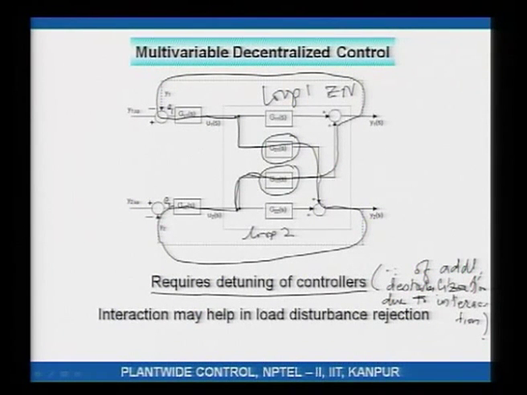So, what I was saying was that because of interaction you get additional destabilization, because interaction causes an additional feedback circuit in your process. Okay. And this additional feedback loop actually causes further destabilization, and therefore, you would require detuning of controllers.